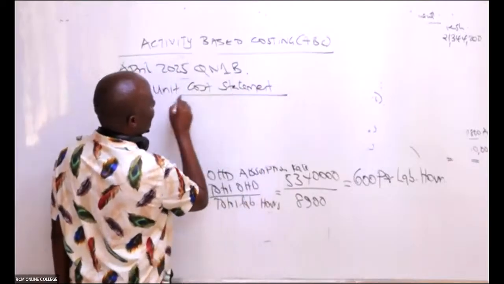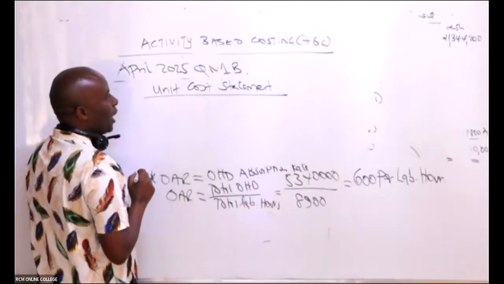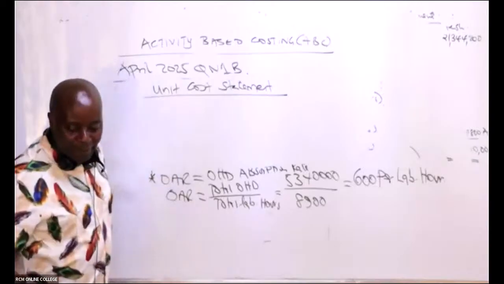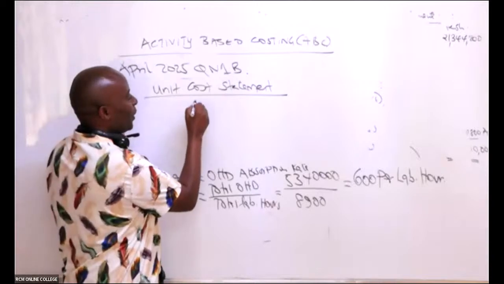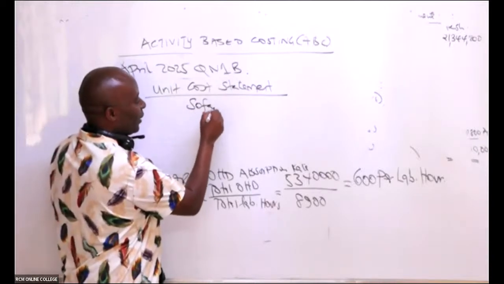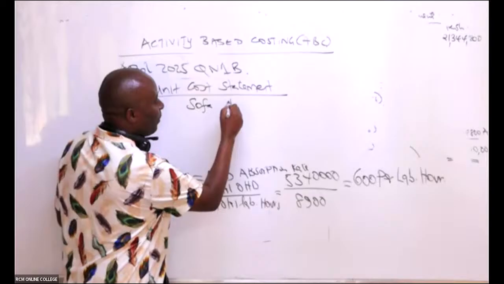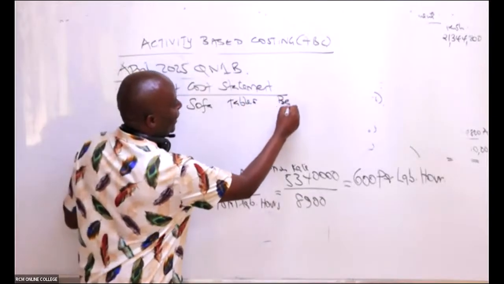We have our three products. Do you remember their names? We have sofas, tables, and beds.